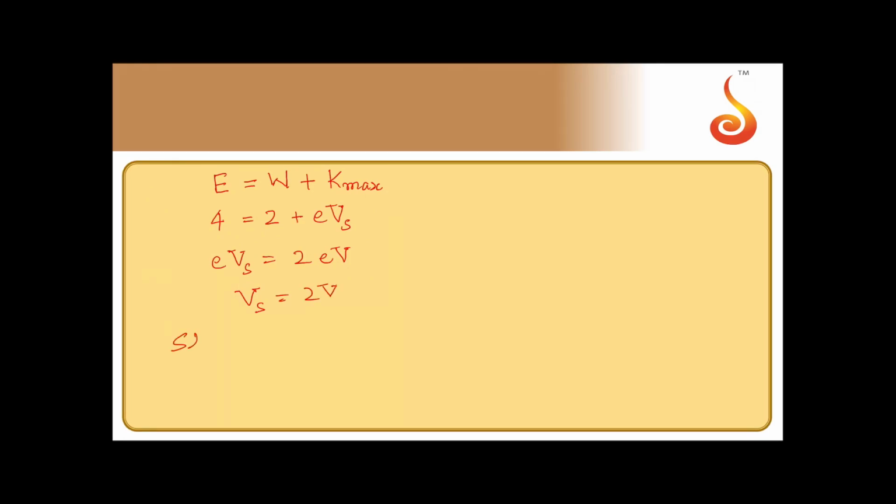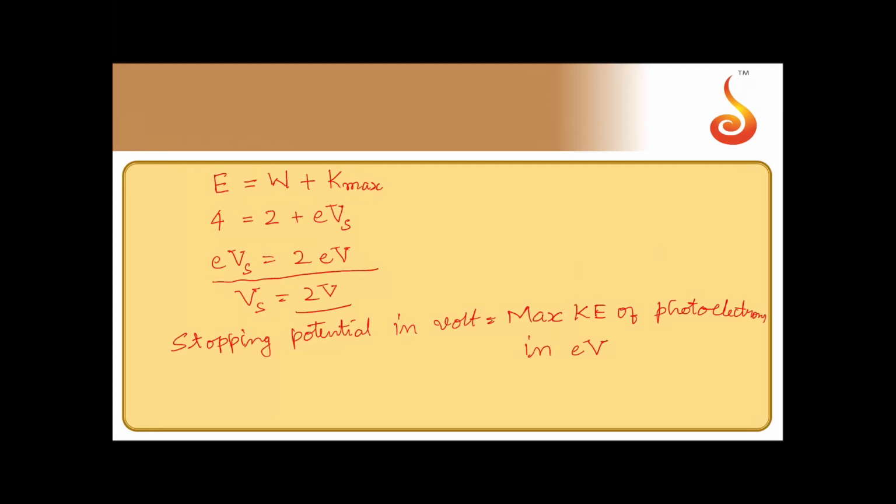Remember, stopping potential in volt is equal to maximum kinetic energy of photoelectrons in electron volt. So if maximum kinetic energy is 2 electron volt, stopping potential will be 2 volt.